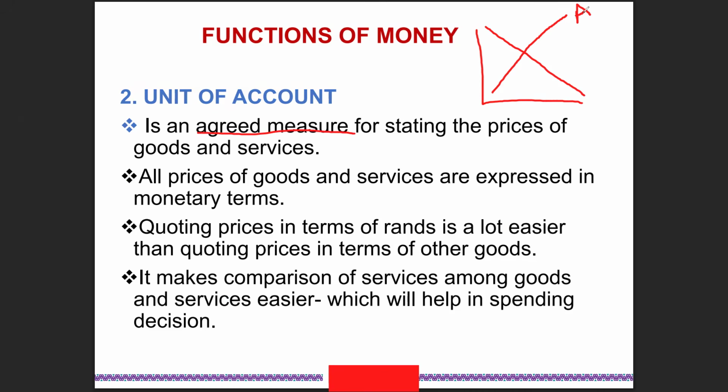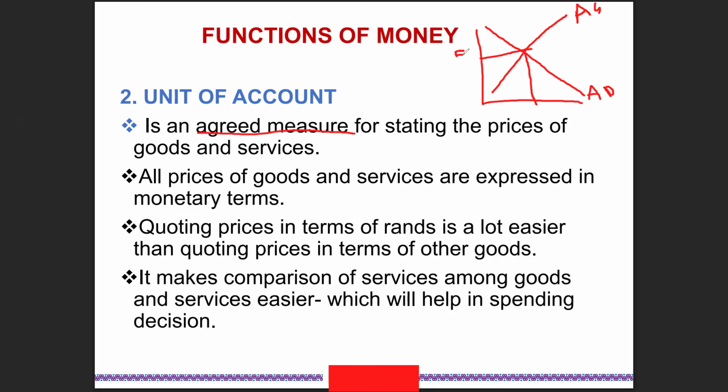So this is going to be our aggregate supply and this is going to be our aggregate demand. Right. And then here you have your price, then you have the quantity which is being supplied and demanded. So let's just say this price is 5 rand.